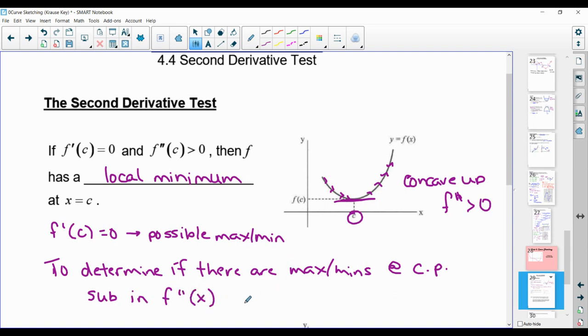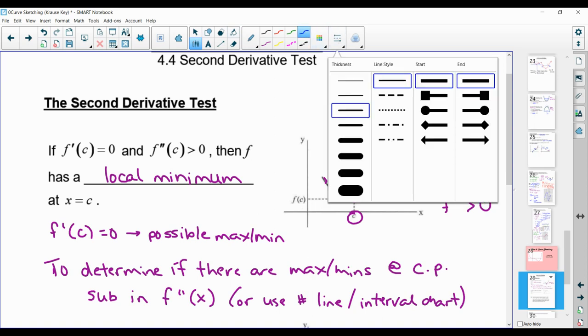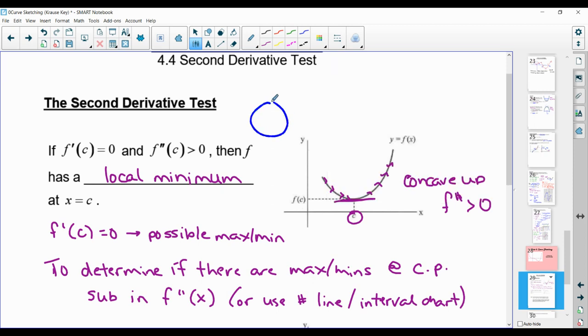Or we could use a number line or an interval chart. All of those could be used, but ultimately, we still have to be testing that second derivative to confirm that there's a local max or min. If you want a little diagram to help remember this, think: if the first derivative is 0 and the second derivative is positive, then we have a minimum. It's opening up.